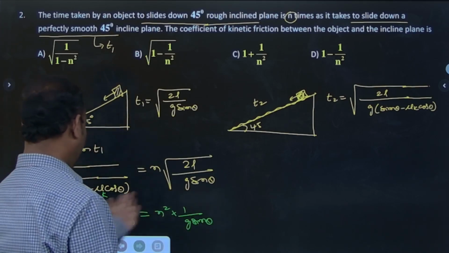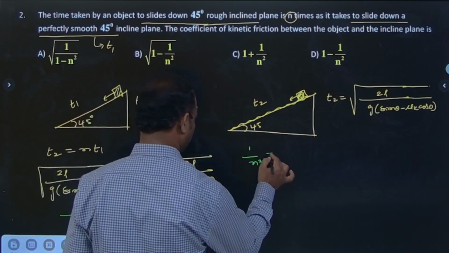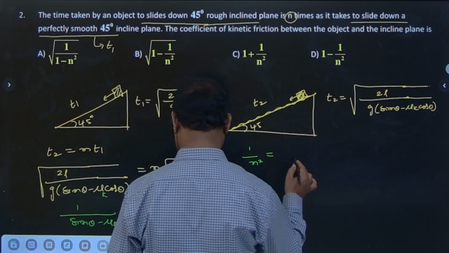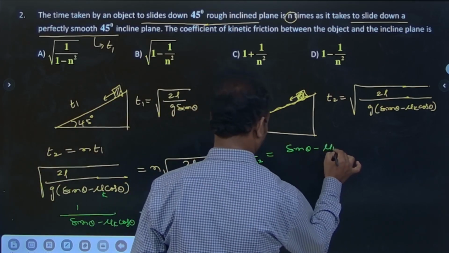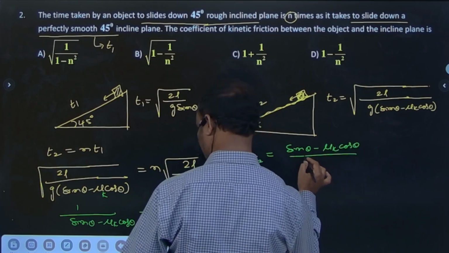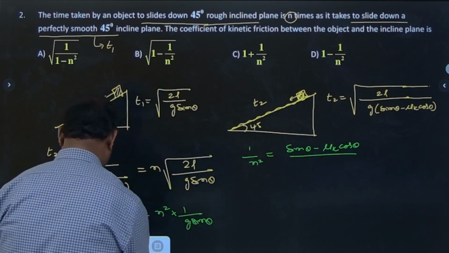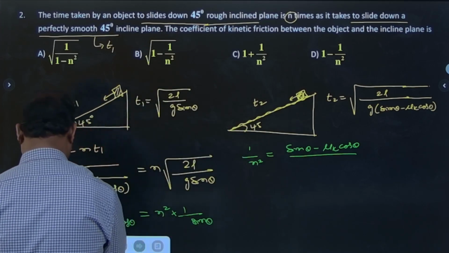So now you bring this side here, this becomes what? 1 by n square is equal to (sin theta minus mu k cos theta) by, g also cancelled now. So this g you can remove from here.